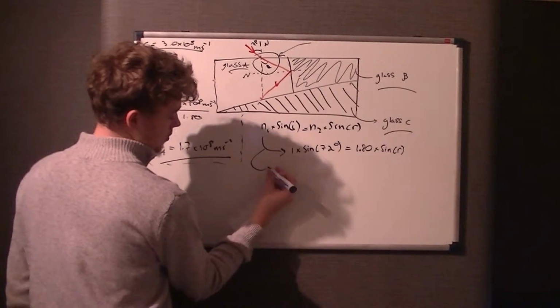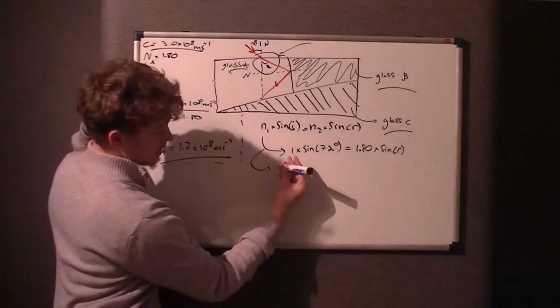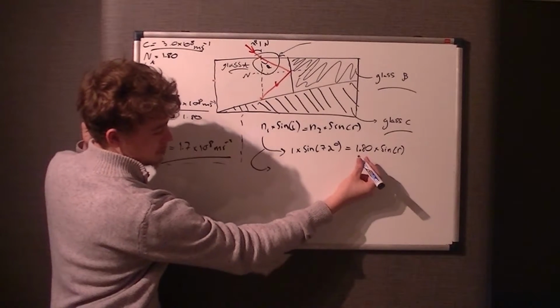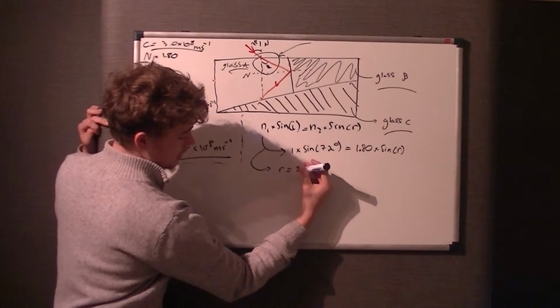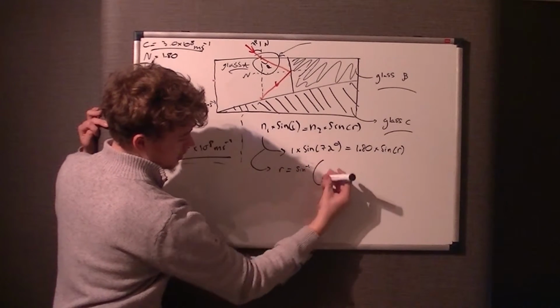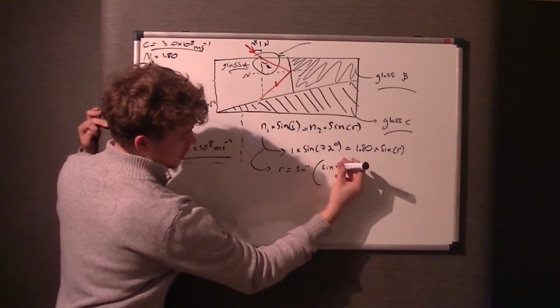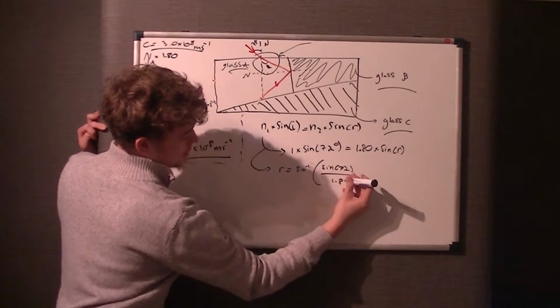You could do this in two steps, but I'm going to do it in one because I'm lazy. You divide both sides by 1.8 and take the inverse sine, so r is the inverse sine of 1 times sine of 72 over 1.80.